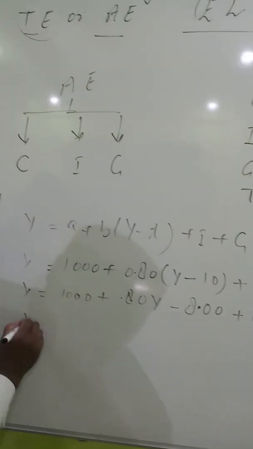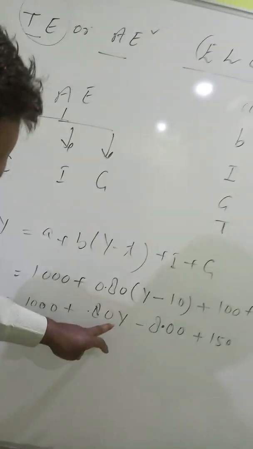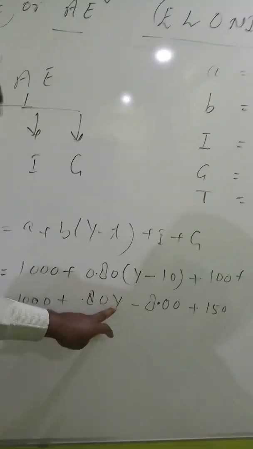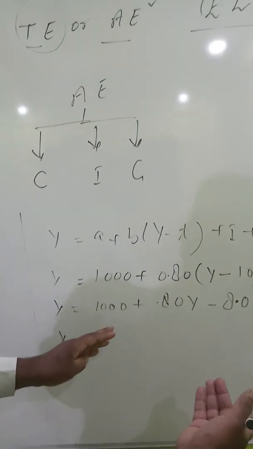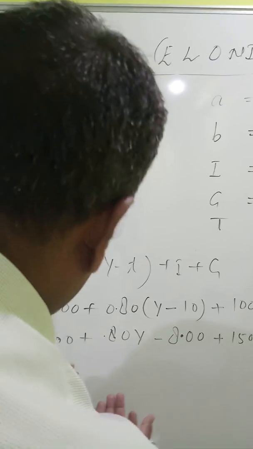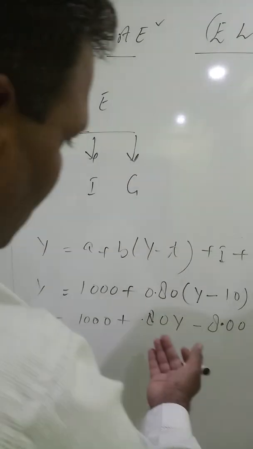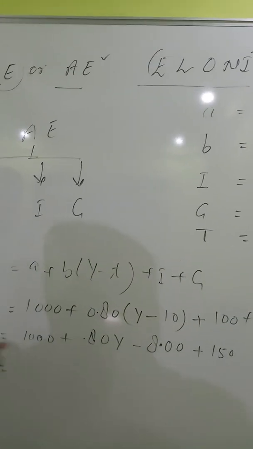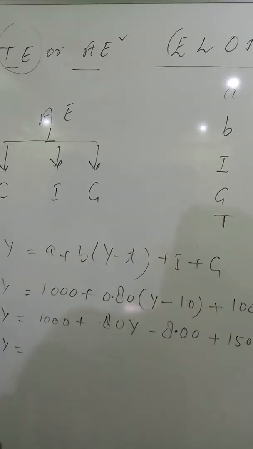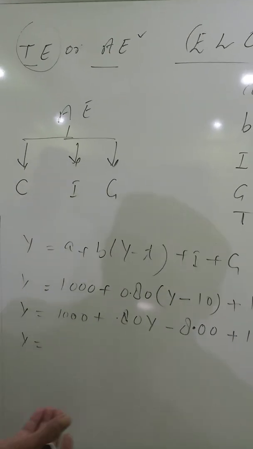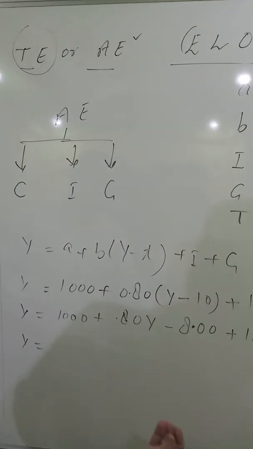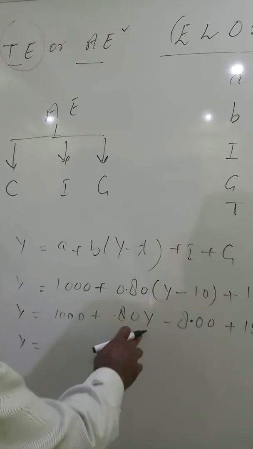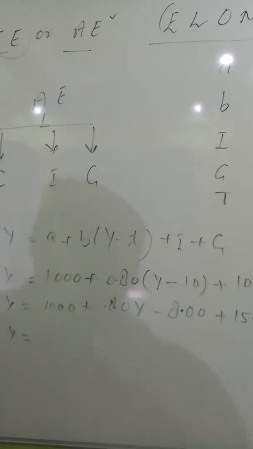Now again, Y is equal to, that is given here, 0.80Y. You can easily transfer 0.80Y from the right hand side to the left hand side, here or later on. But now suppose that we first add here.